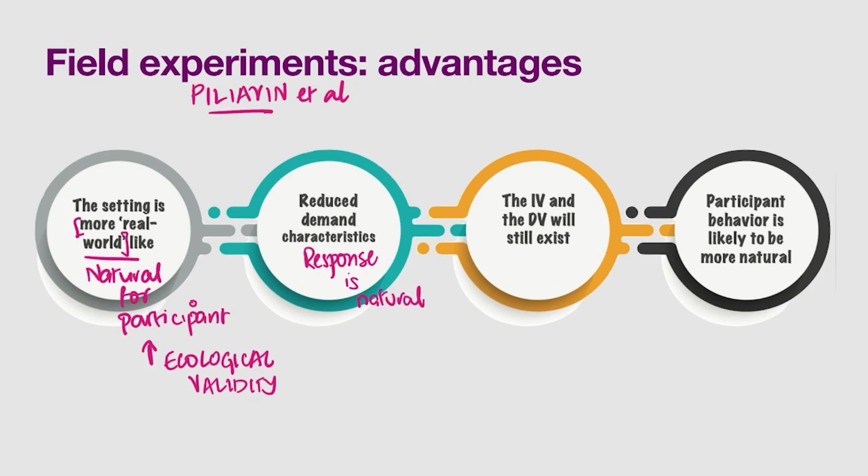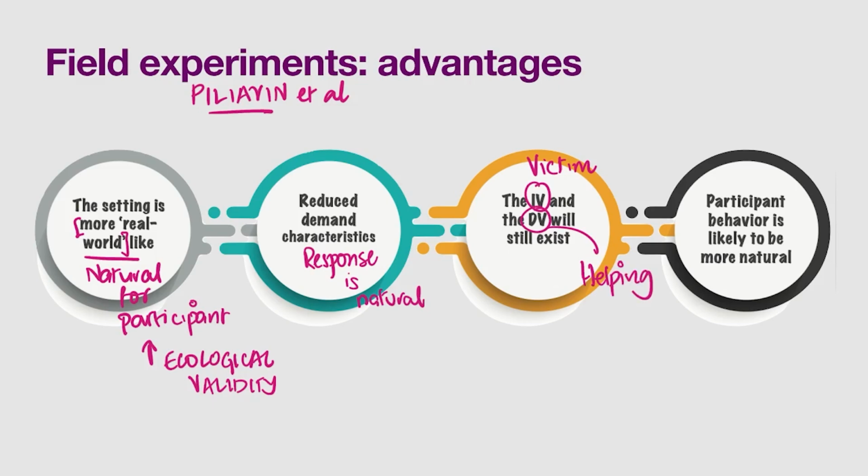And then you also know that in a field experiment, just because it's in the real world does not mean that you can't have an IV and DV. So the independent variable of the victim, or the actor who was playing a victim, was obviously still possible in that natural setting, as was the DV, which was the likelihood of helping that perceived victim.